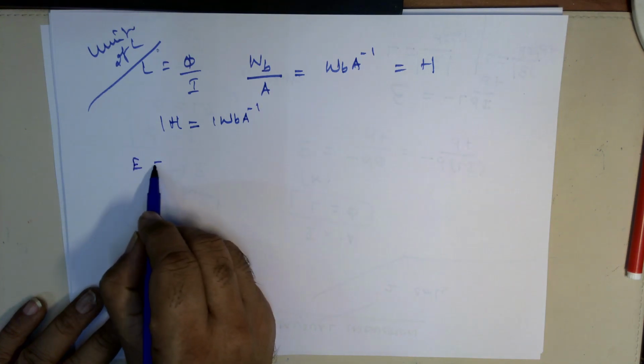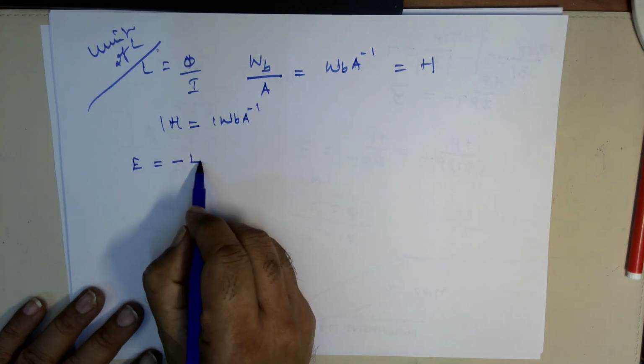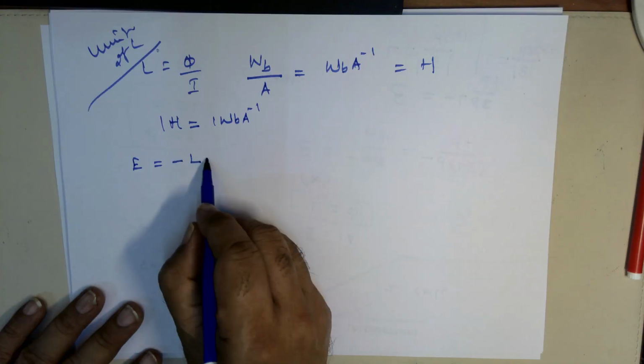We already know E is equal to minus L into di by dt.